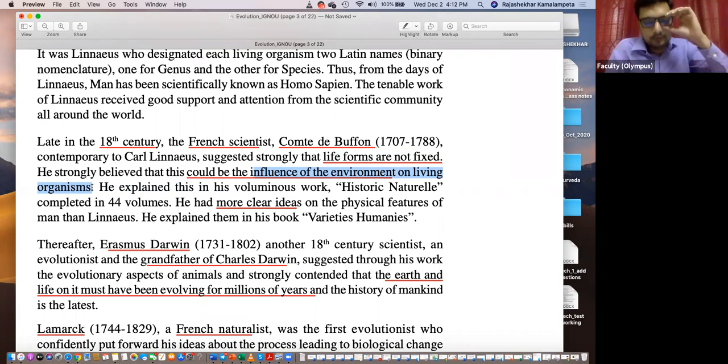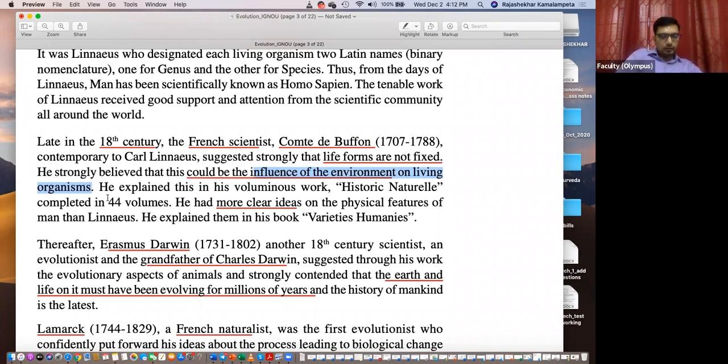He is a contemporary of Carl Linnaeus. Life forms are not fixed. There is an influence from the environment on living organisms, so they are changing. How, he could not explain, but he said this is happening. And he also did extensive work on them.